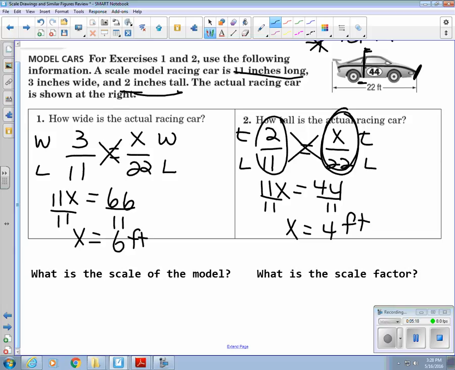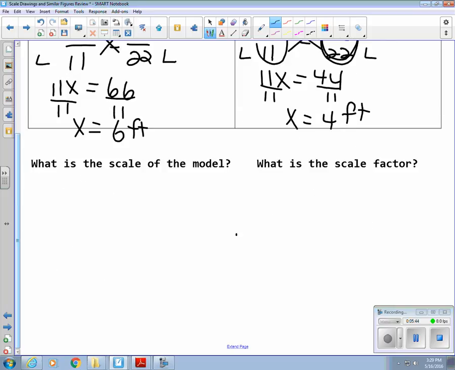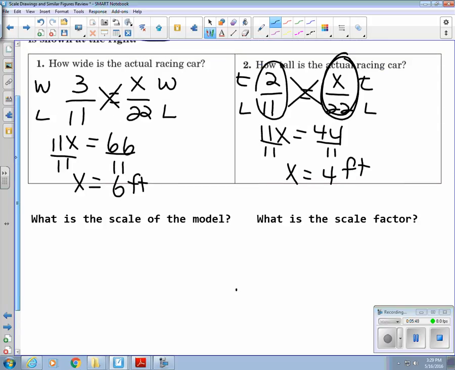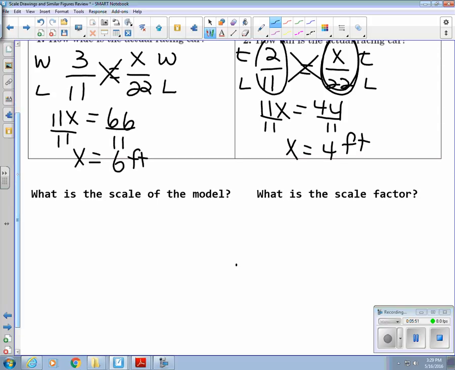Well, when we're looking for the scale of the model, what we're doing is comparing one measurement from the scale model to that same measurement on the actual. Since we know that the actual is 22 feet long, we're going to compare the length of the scale model to the length of the actual, and we'll put it as a ratio. It doesn't have to be a ratio; we'll just do it with a colon to start, but it could be a fraction.